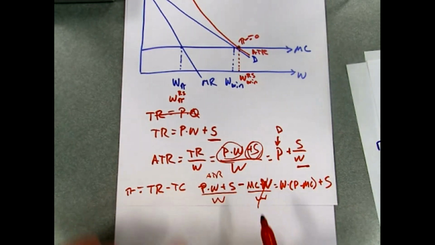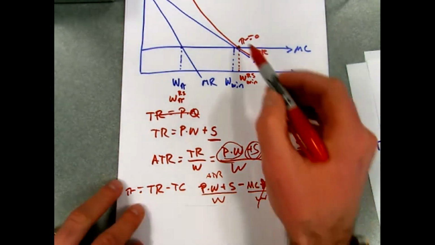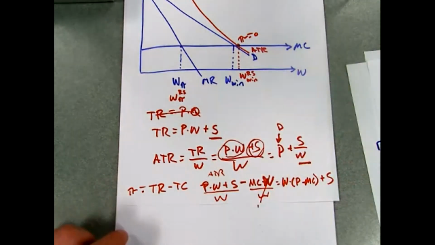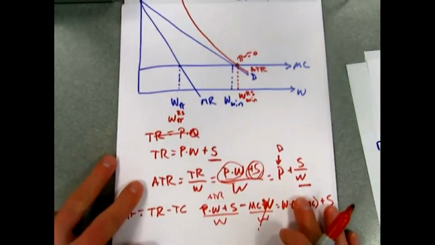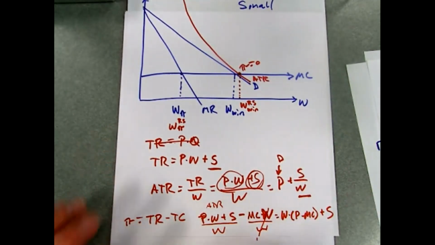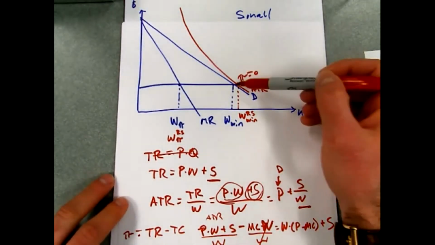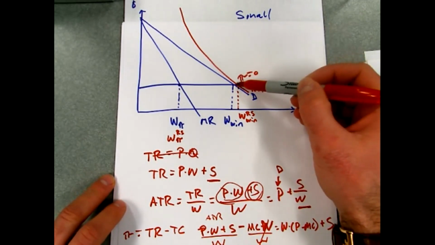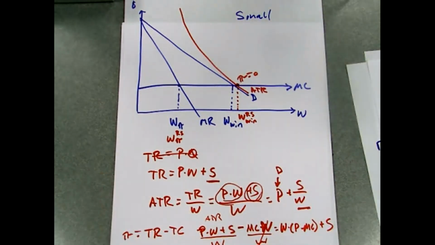So when my average total revenue is equal to that marginal cost, that's the point where profits are going to be equal to 0. So I've got this average total revenue curve now, and I'm not going to make you reproduce any of this. I'm just trying to give an insight behind the equations into why that's going on. But basically, because I have constant marginal cost, the point where this average total revenue curve hits my marginal cost curve, I know that's the point at which profits would be equal to 0.